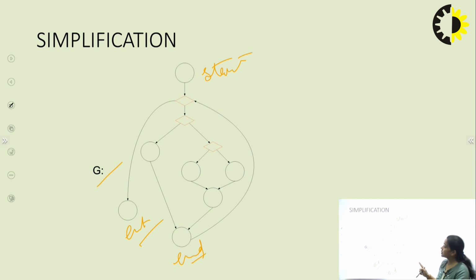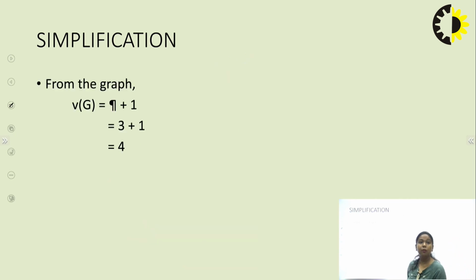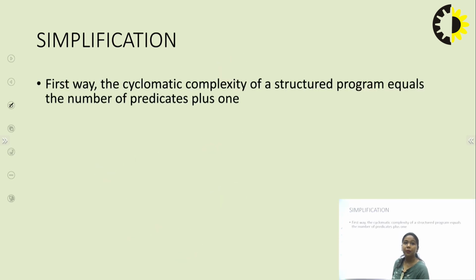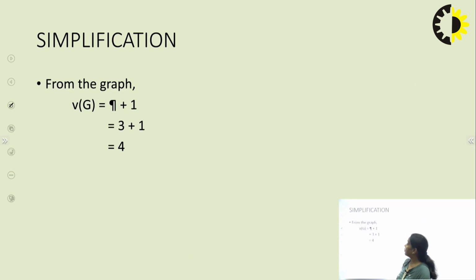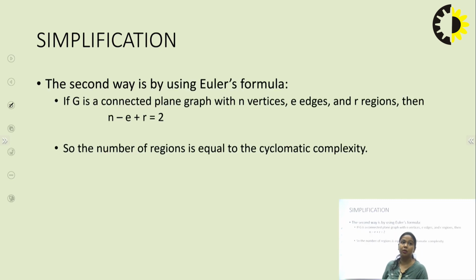So with the help of the simplification, what will we perform? From the graph, we first calculate the connected components. Pi is equivalent to the number of predicates plus 1. So the value of pi plus 1, the predicate value is 3 plus 1, 4. This is the direct cyclomatic formula with the help of the number of predicates.